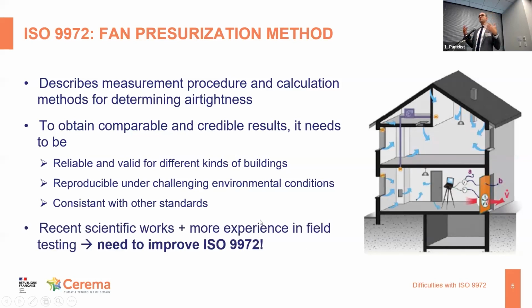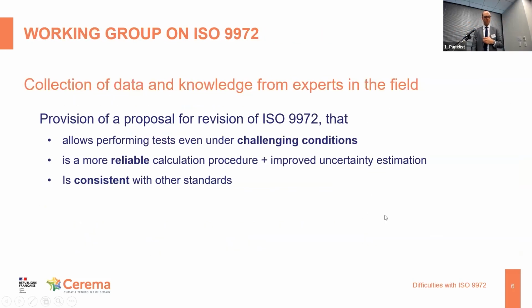Recent works, especially in the AIVC community here at the AIVC conferences and journal publications, and the experience we have in Europe with a lot of tests, showed there was a need among the community to really revise and improve the current methodology described in ISO 9972.